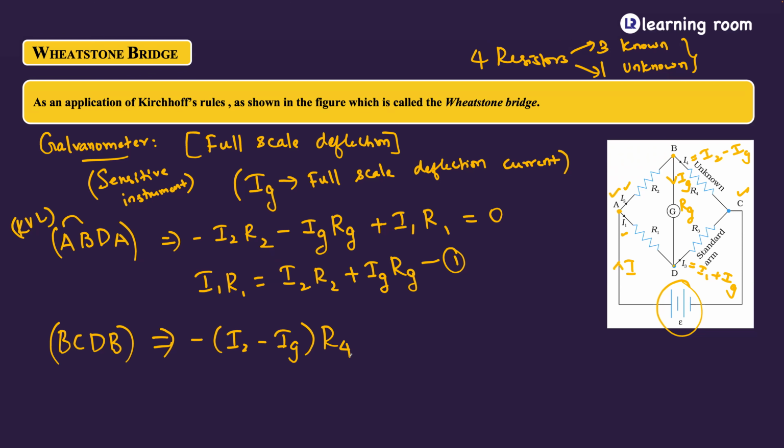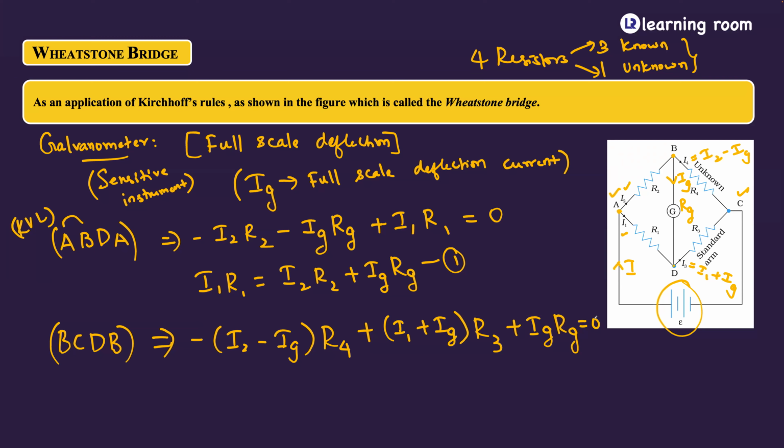Similarly, when I go from C to D, it is going to be plus I1 plus Ig into R3. And when I go from D to B, it is going to be plus Ig into Rg. Everything put together will be equal to 0. Because when we go from B to C, we are walking in the direction of current, whereas when you go from C to D and D to B, we are walking in the direction opposite to current.